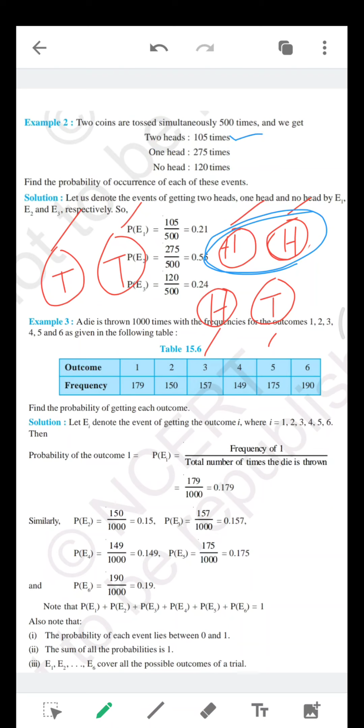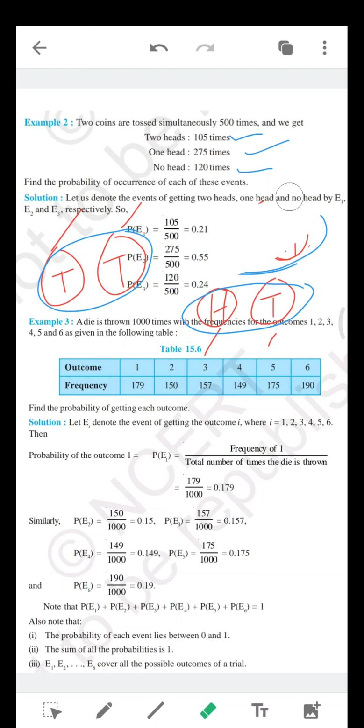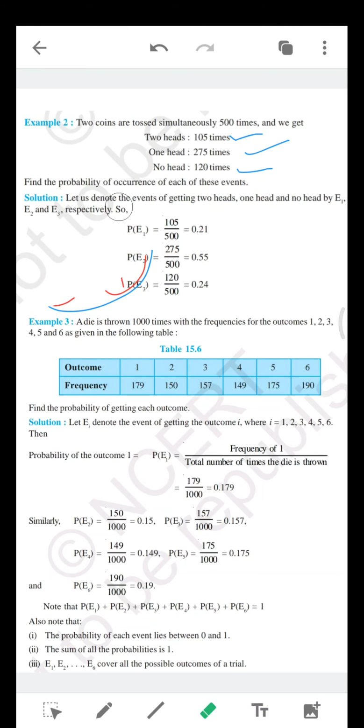One head, we got 275 times. And no heads, that is both the tails, we got 120 times. Clear? So like this we got all the 3 outcomes, and we tossed 500 times and recorded our outcomes.